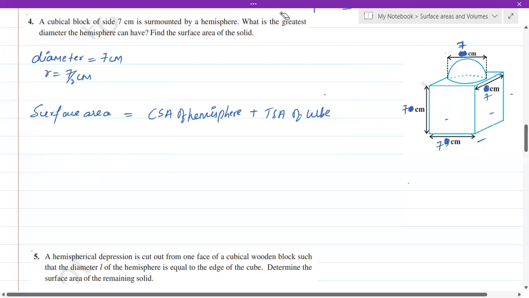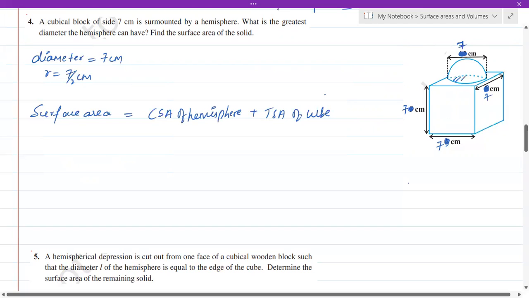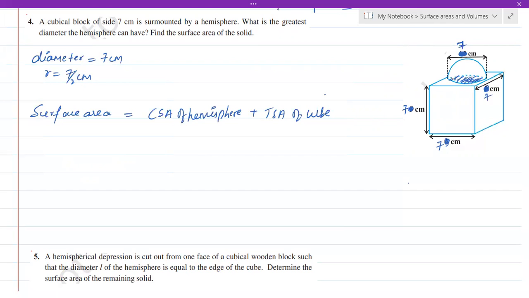All the 6 faces come. So TSA of cube. But if you observe very carefully, wherever this hemisphere is placed, this part which I'm shading, this exact part is not visible to us, isn't it? But we have taken TSA of cube. If I say TSA of cube, this area which is not visible to us is also considered. But we are not supposed to consider that, right?